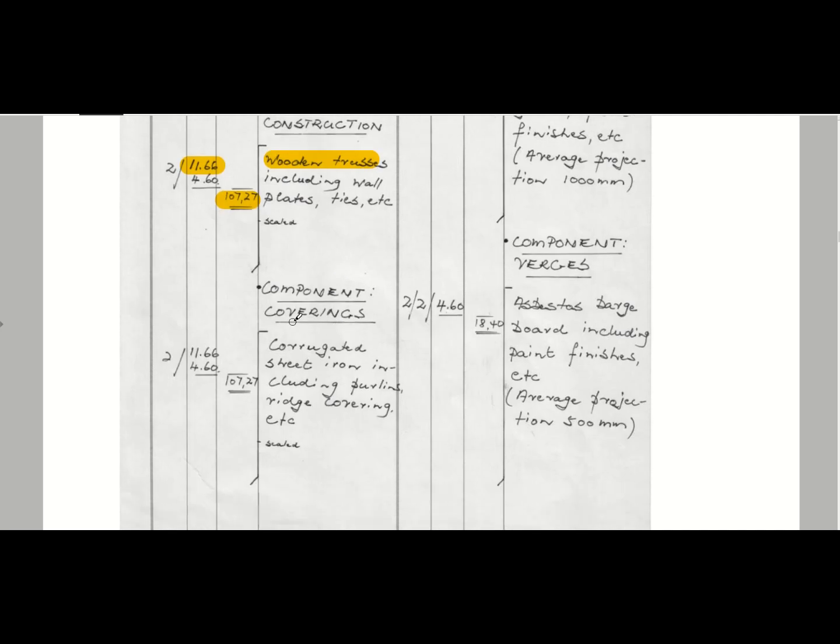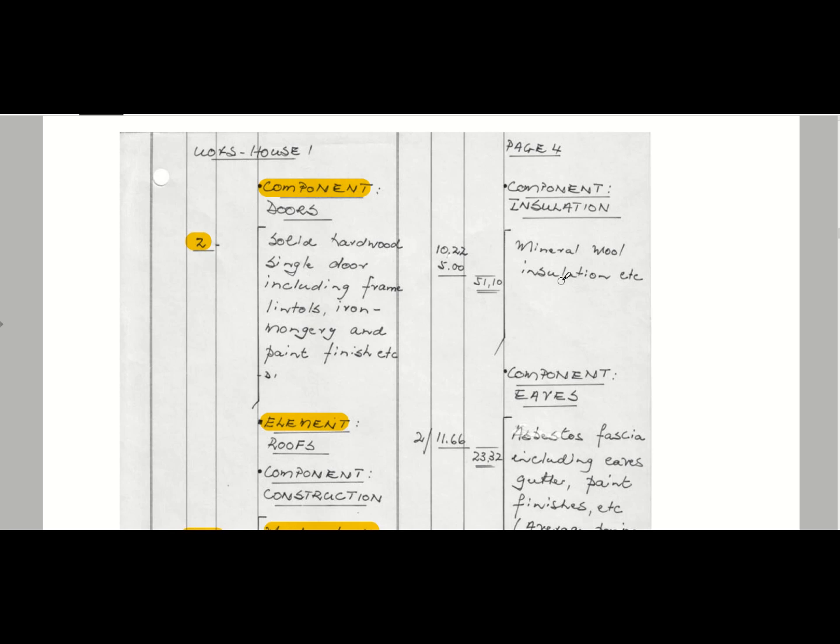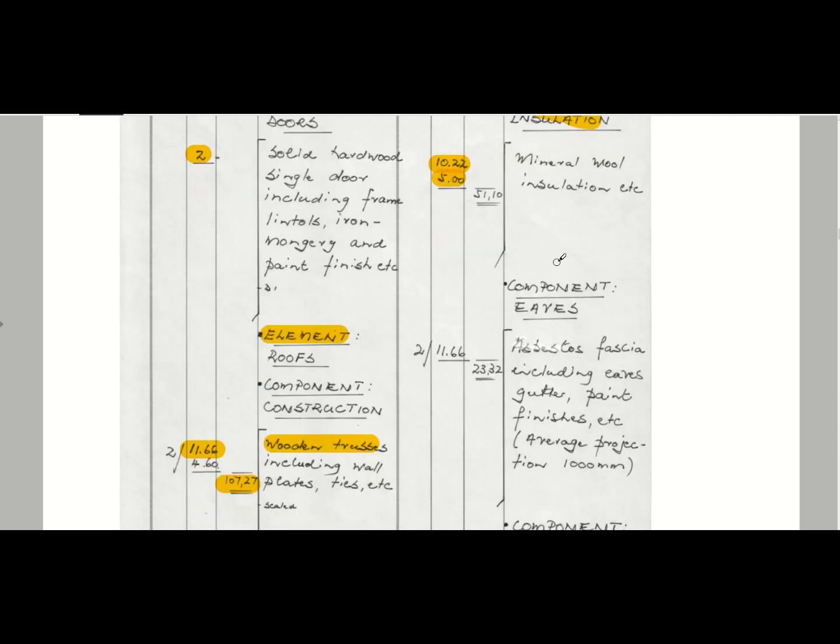Okay, then we've got our component coverings, corrugated coverings. You can see it's the same as what you've got here. And then we've got our component insulation, material wool. Here you can see they just used the flat area for that, so that's your think pink.